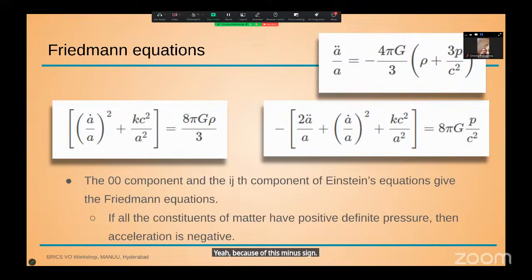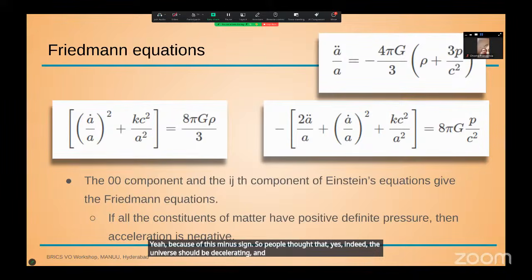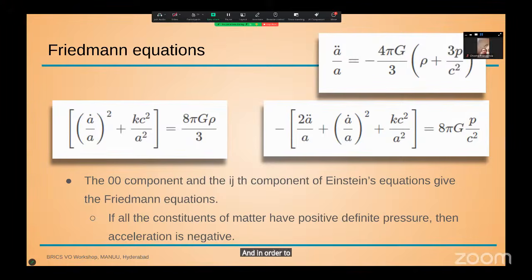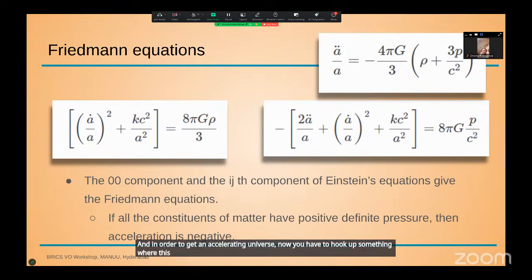Now, people thought that yes, indeed, the universe should be decelerating, and they started to observe the universe. And what they found in the 1990s was that instead of a deceleration, the universe was actually accelerating. And in order to get an accelerating universe, now you have to hook up something where this rho plus 3p by c square is going to become negative.